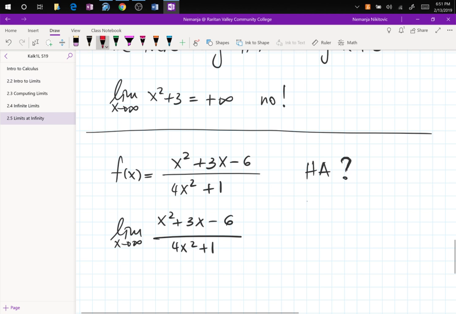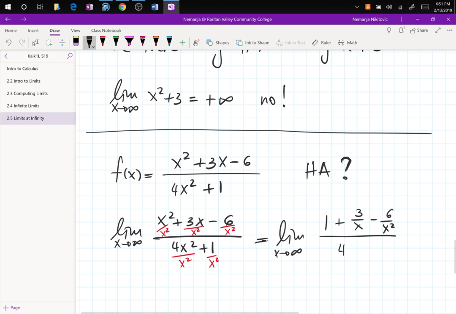So the way to do this, and you should write this down, is you divide by the highest exponent. Now this becomes limit as x goes to infinity of 1 plus 3 over x minus 6 over x squared, divided by 4 plus 1 over x squared.